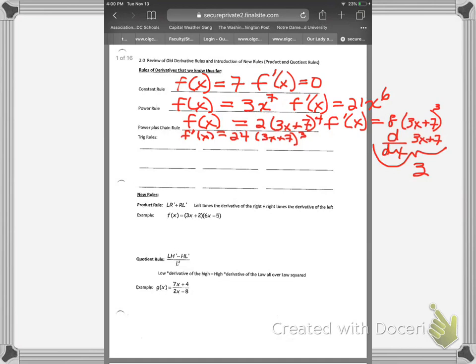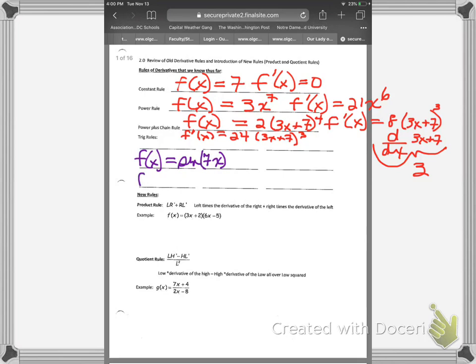Okay, I wanted to write out some trig rules, so let's think about those. So what if I say that f of x equals sine of 7x. Okay, so my angle is 7x.